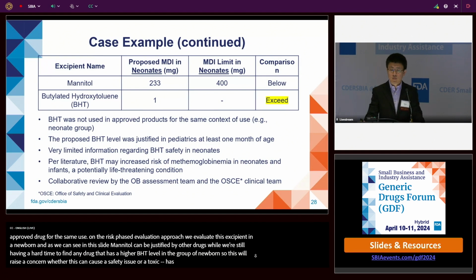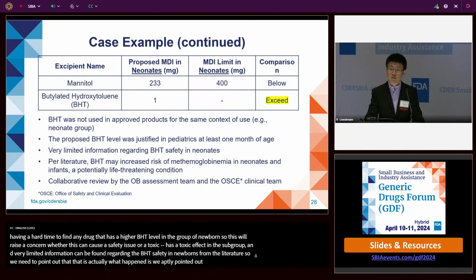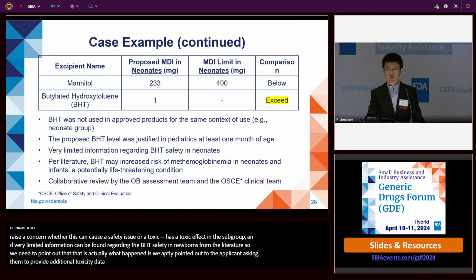And very limited information can be found regarding BHT safety in newborns from the literature. So that's actually what happened: we pointed out to the applicant, asking them to provide additional toxicity data or additional evidence to demonstrate the safety of this particular excipient for newborn use.